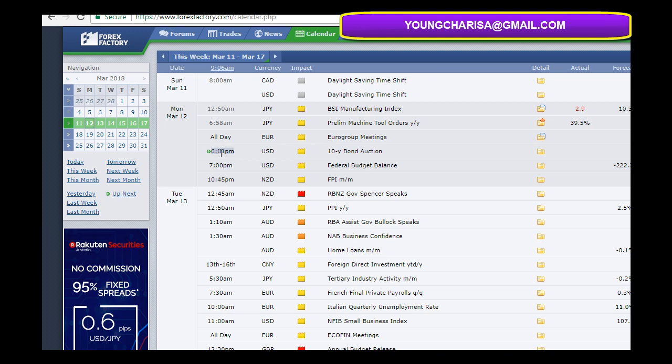The next news release is going to be around 6 p.m. in the evening, which is going to be a low impact news. Avoid medium impact news and high impact news. The high impact news are red and the medium are this one that is like milky color, brown.